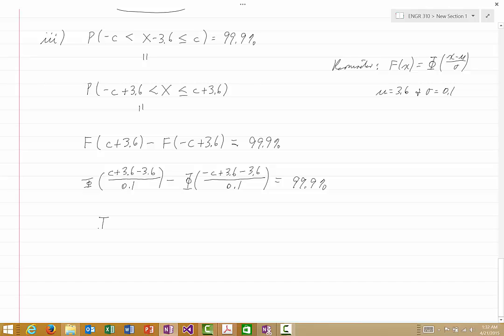Well, fortunately, this simplifies quite a bit. We will have phi of 10C minus phi of negative 10C is equal to 99.9%.